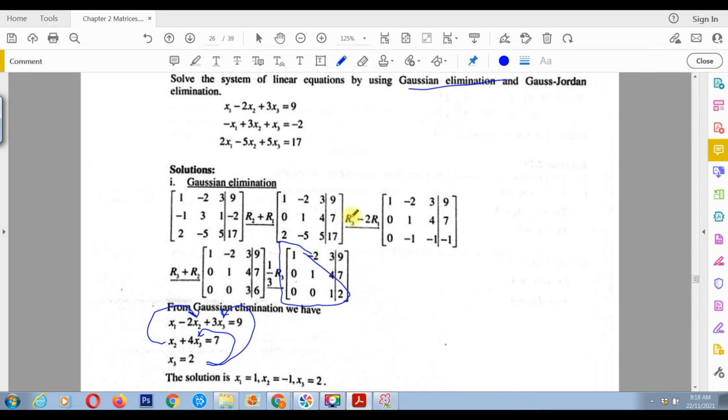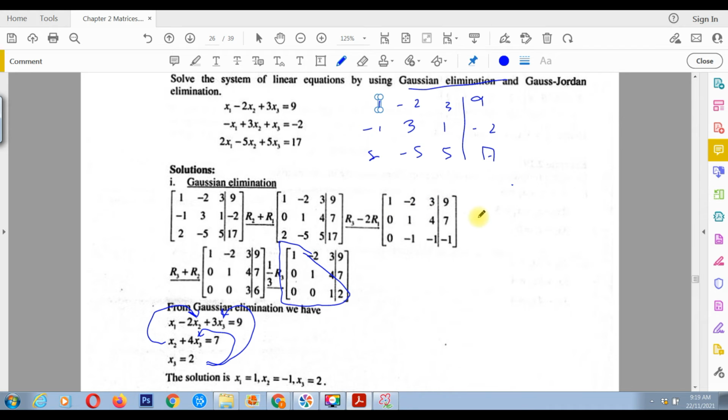Okay, for example here, we have 1, negative 2, 3, and then 9, negative 1, 3, 1, negative 2, 2, negative 5, 5, 17.